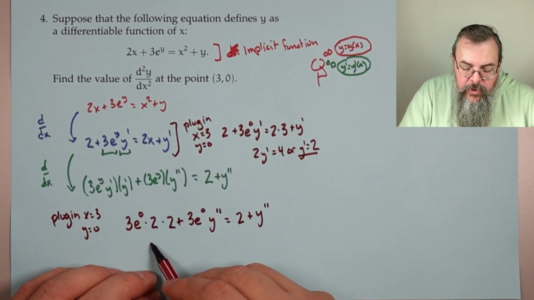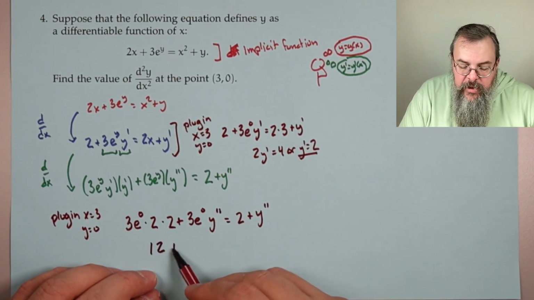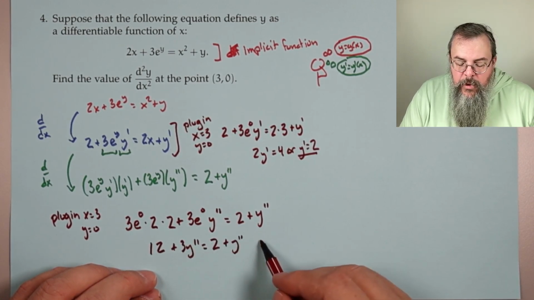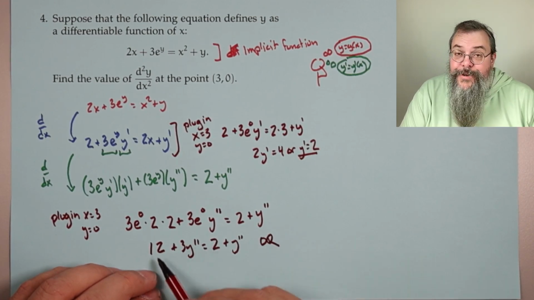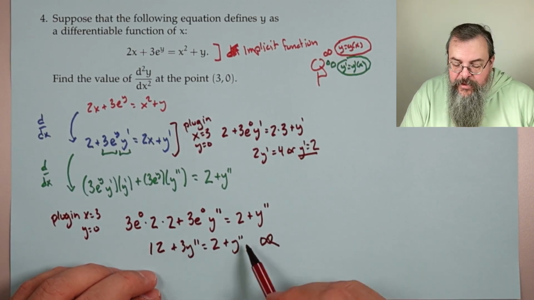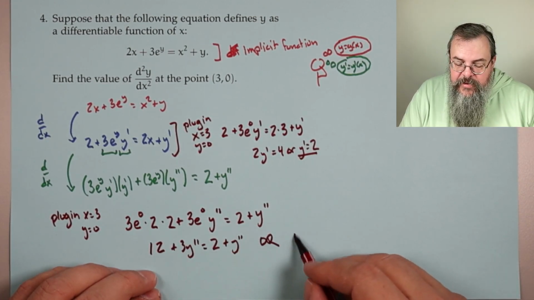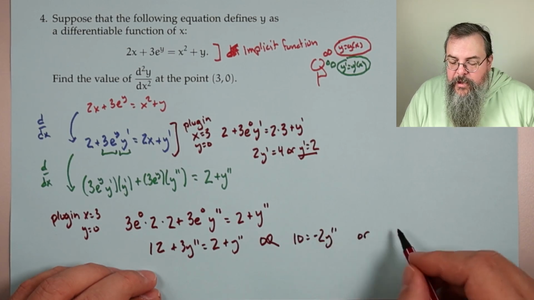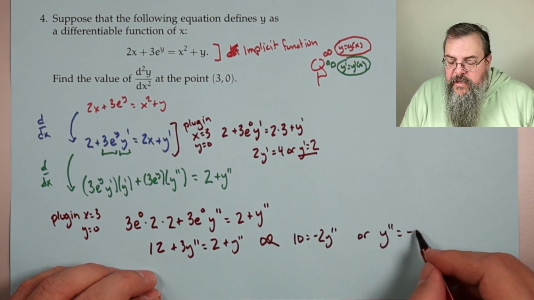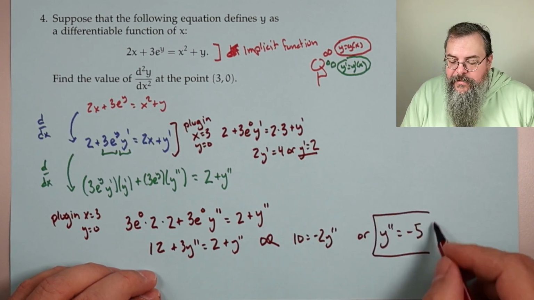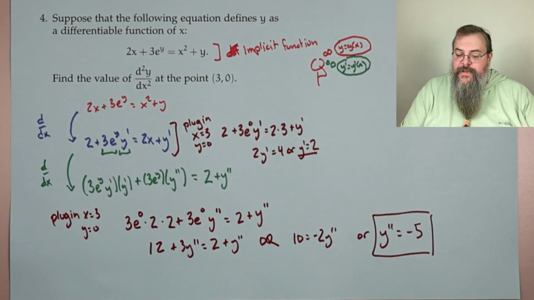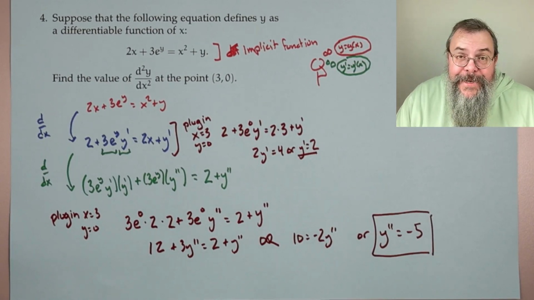We have 12 plus 3y double prime equals 2 plus y double prime, or subtract 2, subtract 3y double prime. We could say 10 is negative 2y double prime, or y double prime is negative 5. There we go. So the second derivative is negative 5.